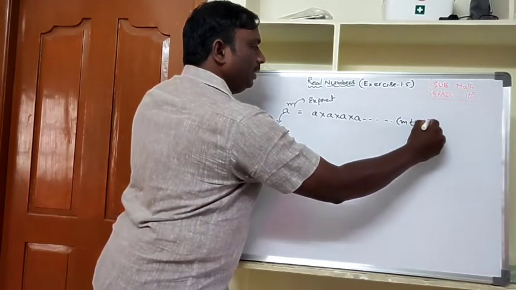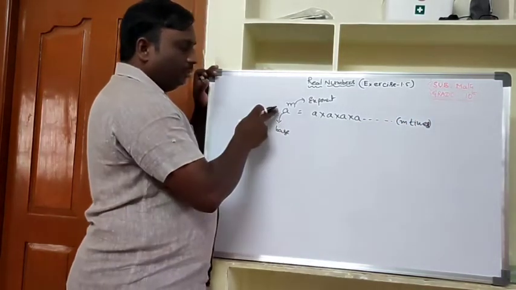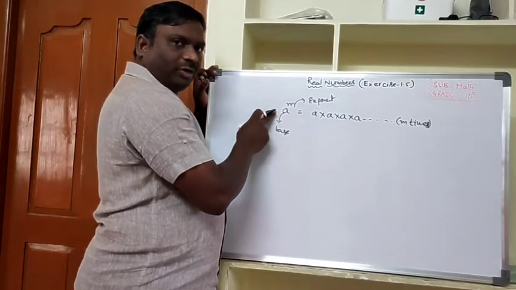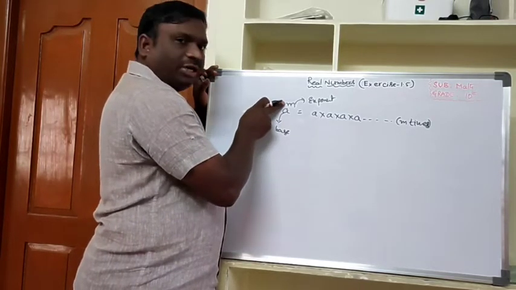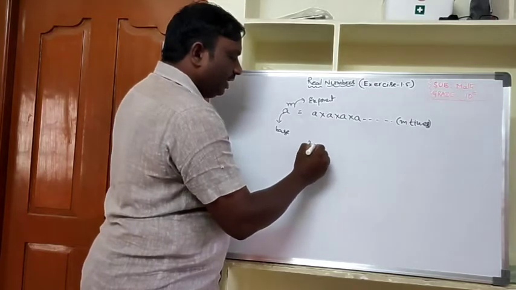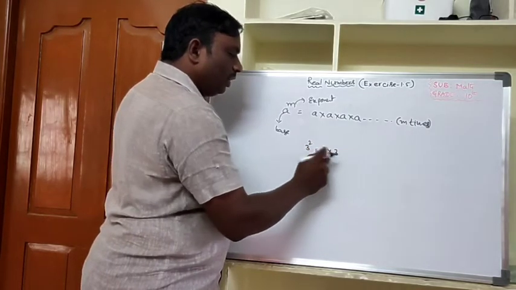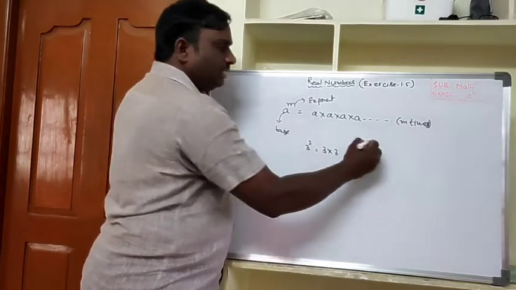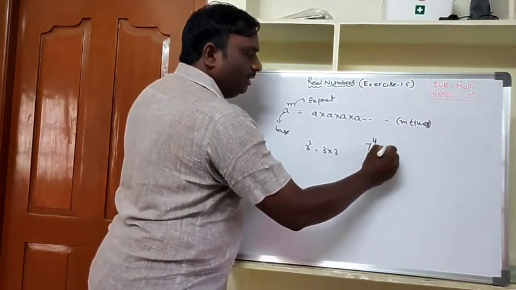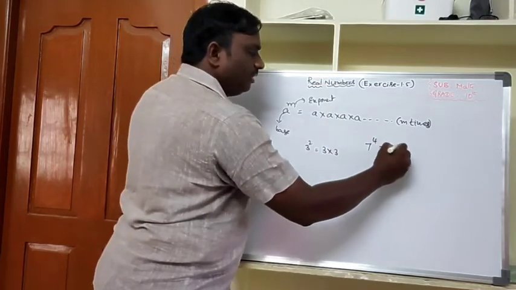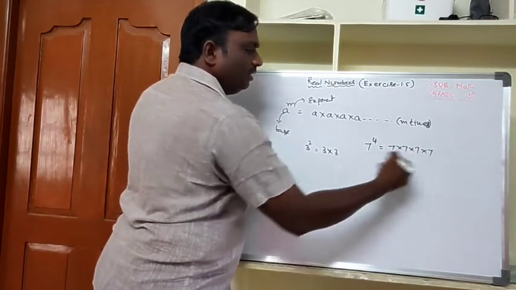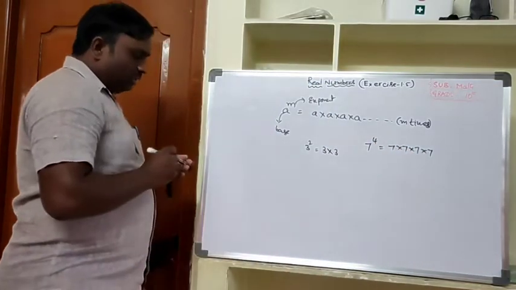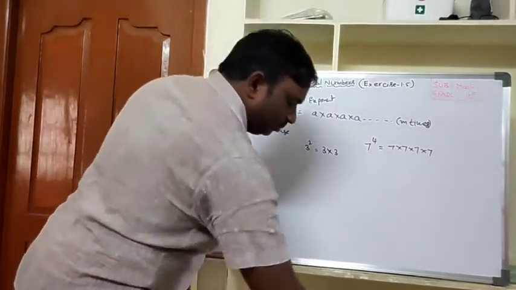For example, 3 square is 3 into 3: we multiply the base 2 times with itself. 7 power 4 means 7 multiplied 4 times, 7 into 7 into 7 into 7. Already we have learned this. So this is the base and this is the exponent.